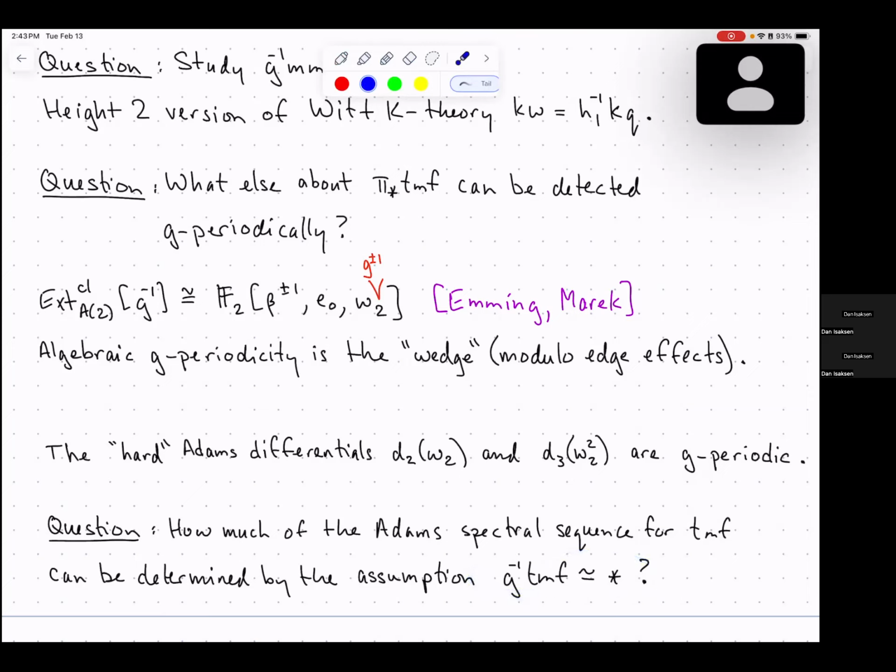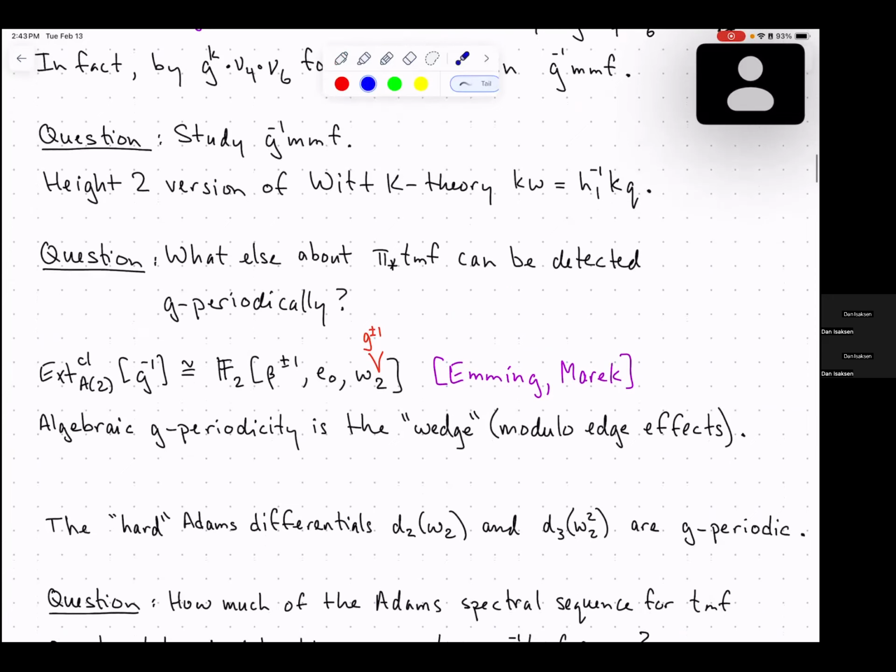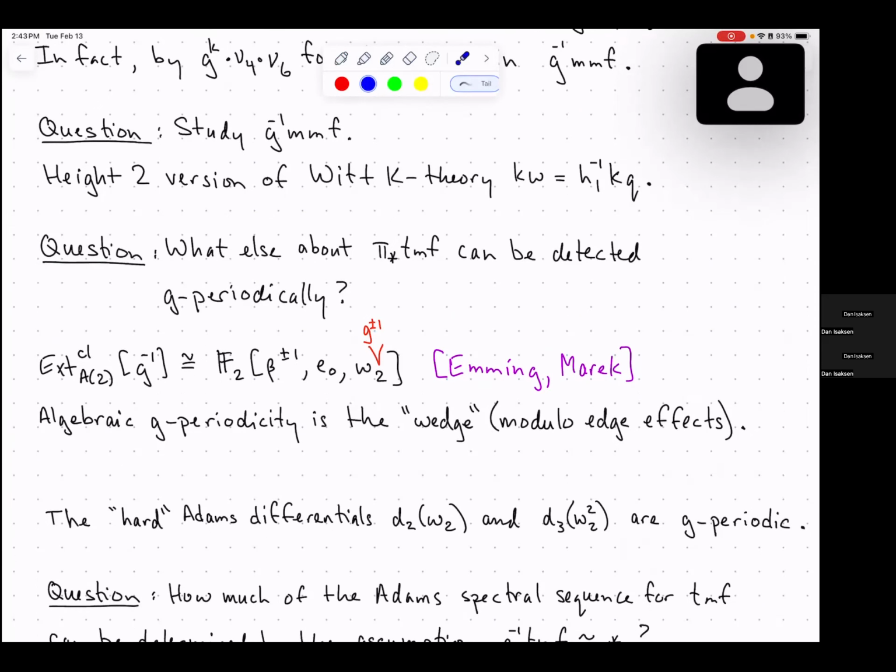Let me ask you something before you scroll down, just about what's on the top of the screen. You're making a case that G inverse TMF should be some over-a-field analog of EO2, but EO2 is not contractible. Isn't that what you said about G inverse TMF? I think of EO2 as just the two-primary version of TMF.